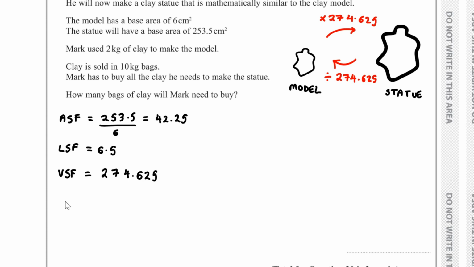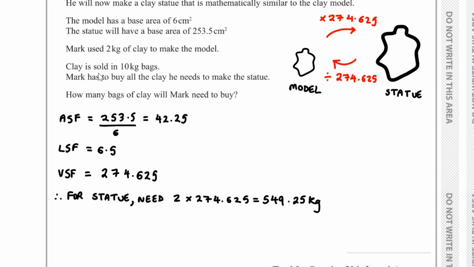So therefore, we can see here for the statue, we need 2, because we've got 2 kilograms, multiplied by 274.625, which is 549.25 kilograms.